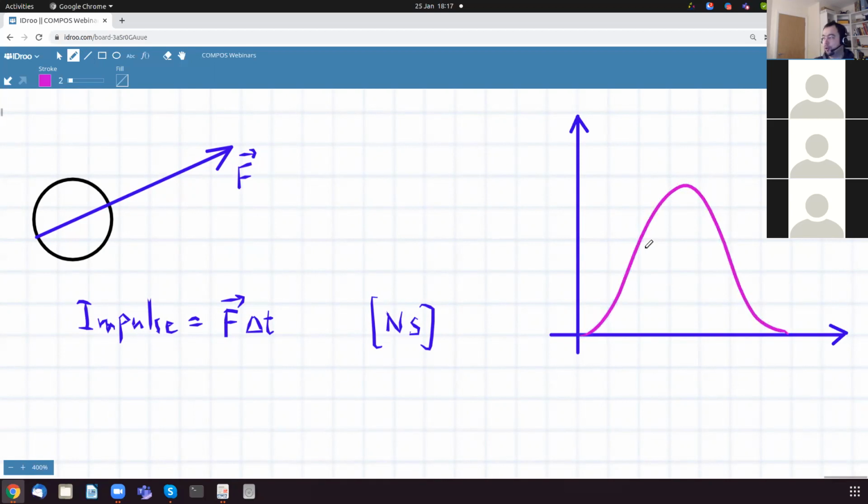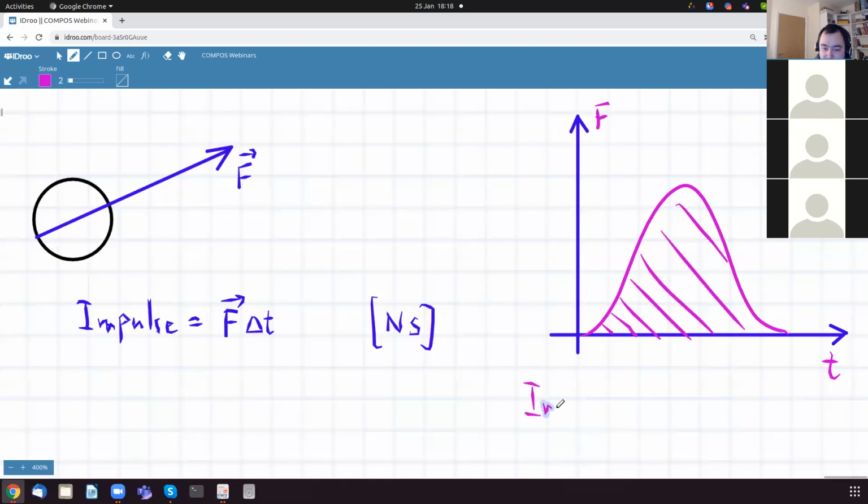When it's hit, it squashes and changes size. So the force increases as the ball squashes more, and then as the ball unsquashes, it returns to its original shape. The force decreases, and because this is force and this is time, the area under this graph is going to be the impulse.